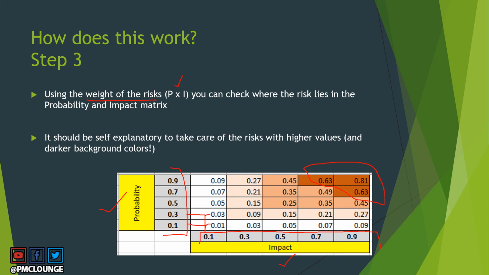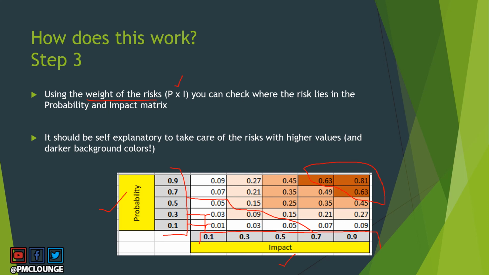Whereas if you see risks that basically lie in the lighter portion of the matrix, 0.05, 0.05, 0.09, 0.05, these are the risks that your team need not spend much effort on because the probability is relatively low. The impact, even if the risk materializes, is relatively low.